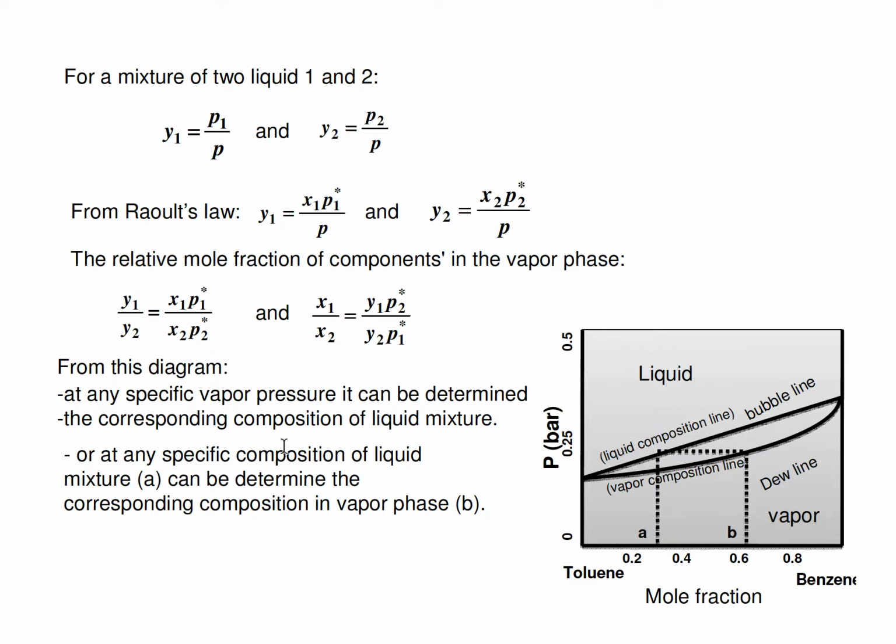From this diagram, at any specific vapor pressure, the corresponding composition of the liquid mixture can be determined, or at any specific composition of the liquid mixture, the corresponding composition in the vapor can be determined. So we can see from the figure given here the liquid composition line and the vapor composition line, along the bubble line and also the dew line.